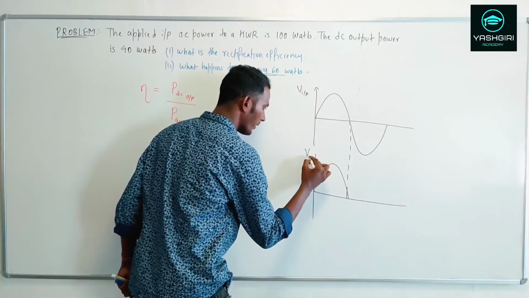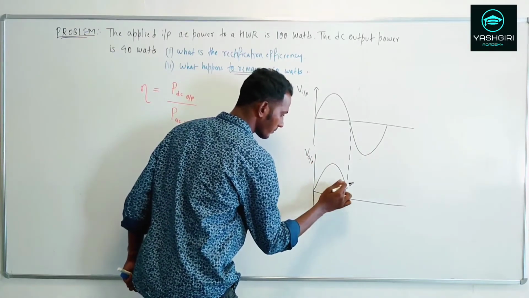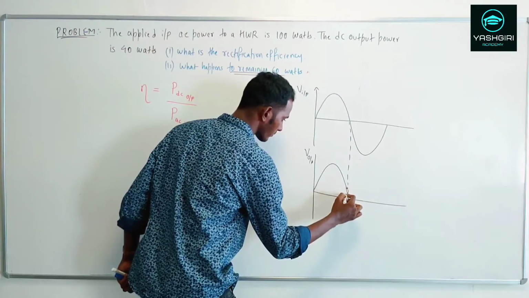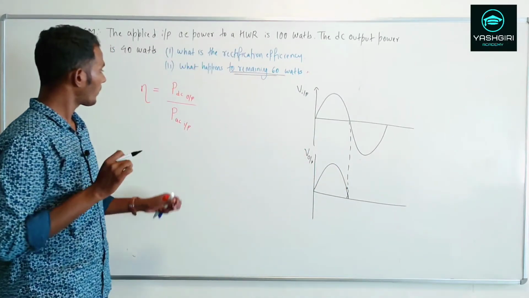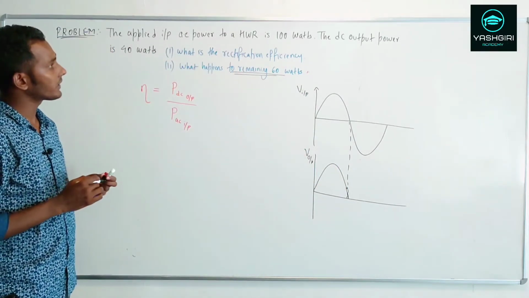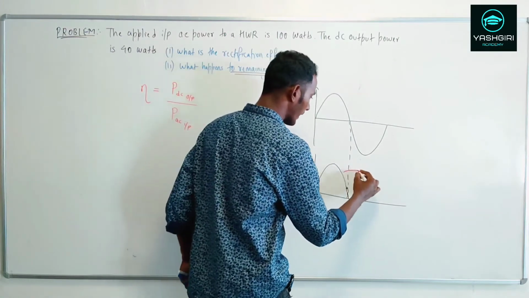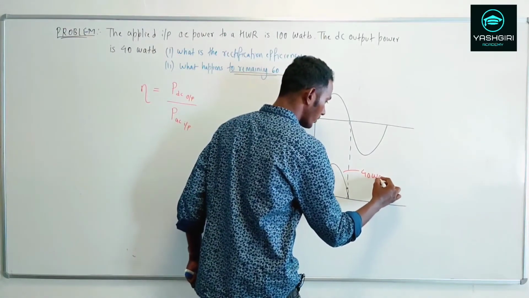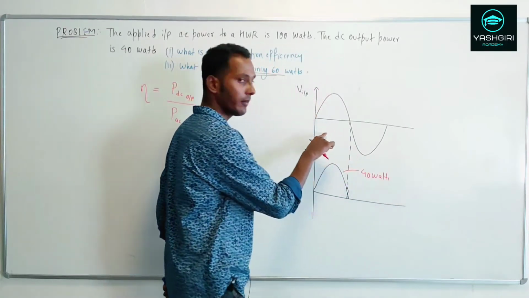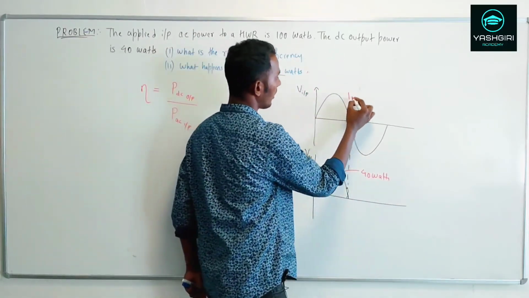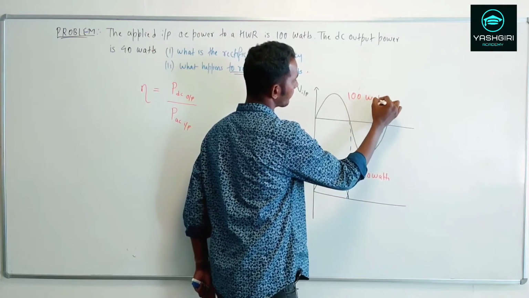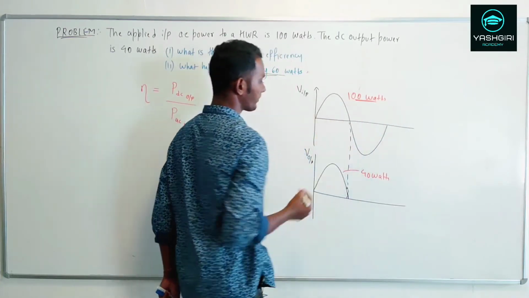So this is my V output. The PDC is given to be 40 watts, that is the output side. I am getting this as my 40 watts, whereas at the input they have mentioned it's 100 watts power.